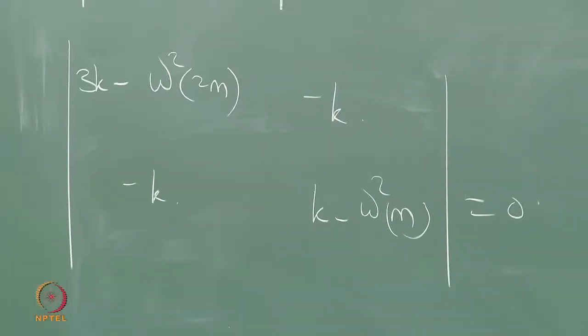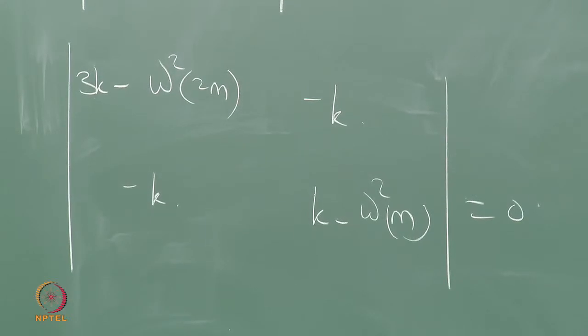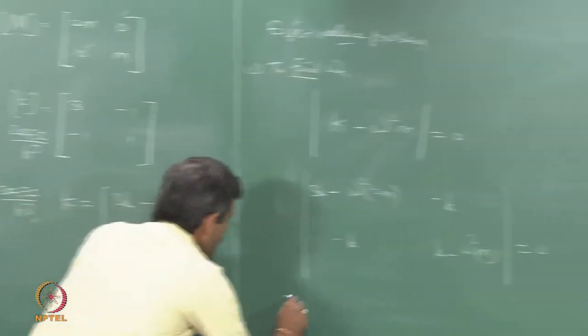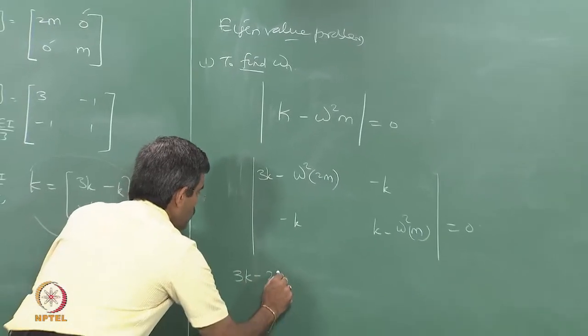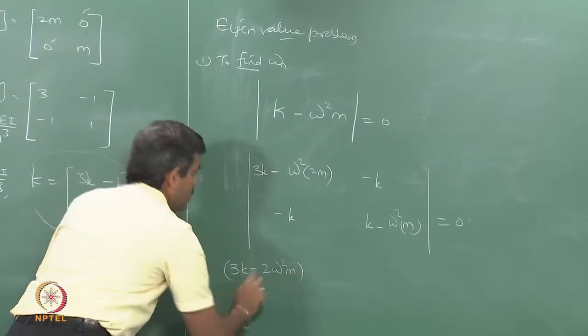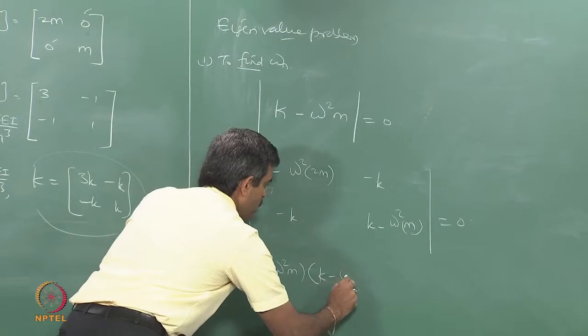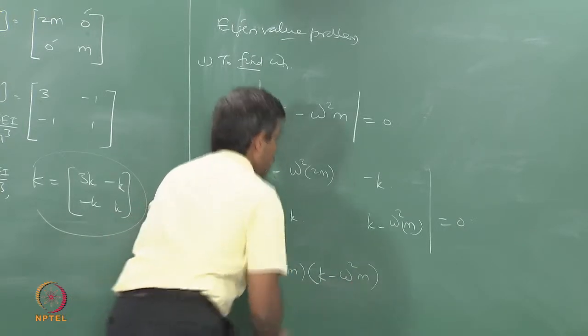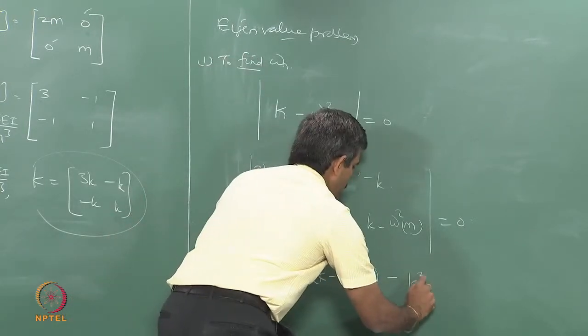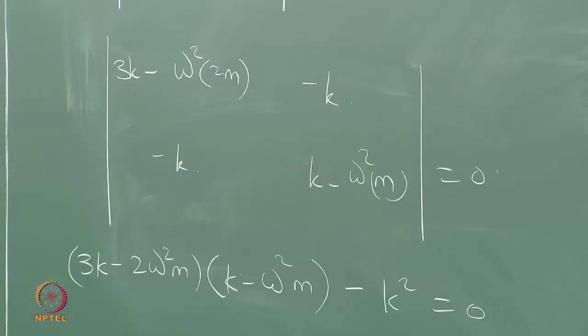So, (3k minus 2 omega square m)(k minus omega square m) minus k square is 0.